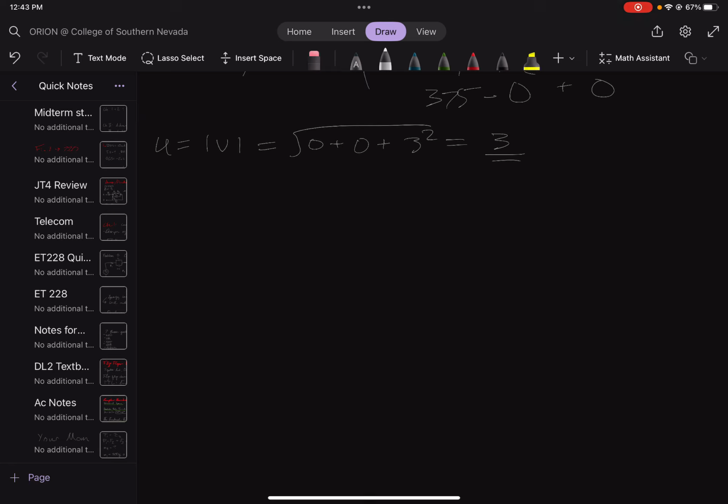Now our unit vector divides that 3 out. So V divided by the magnitude of V equals 0, 0, 1. That is our unit vector of the sun's ray for this part.